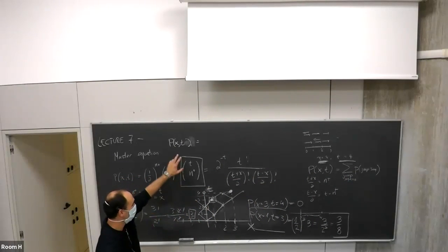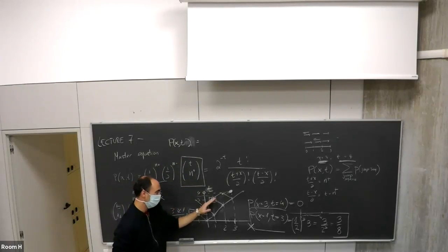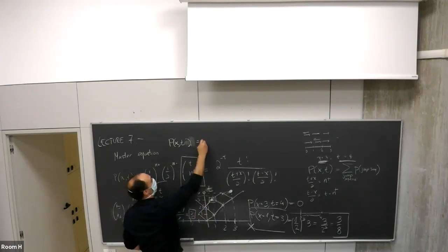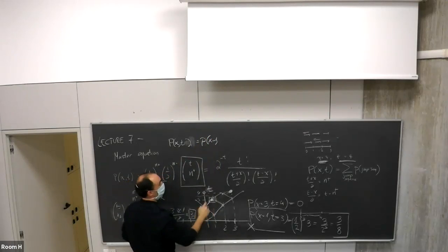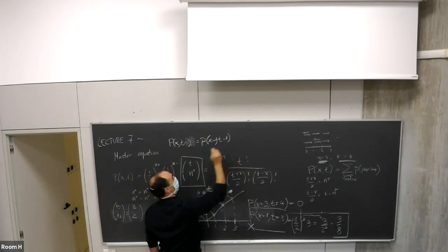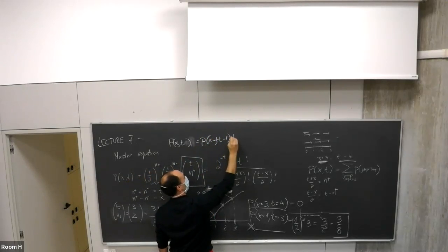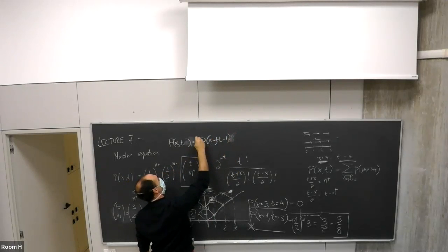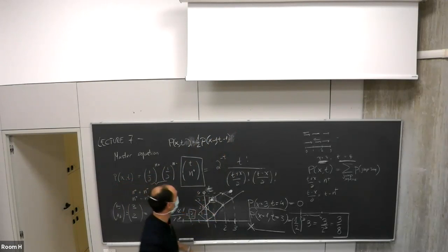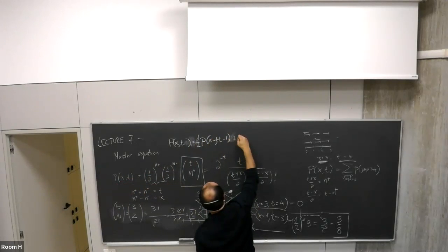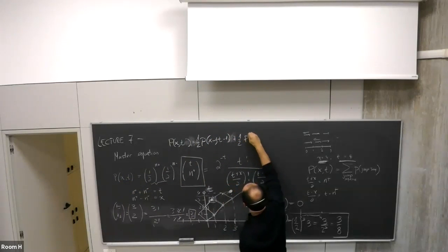So you can write P(x,t) as it has two positive contributions. You can enter from P(x minus 1, t minus 1) with probability 1/2, plus the other contribution, 1/2 P(x plus 1, t minus 1).